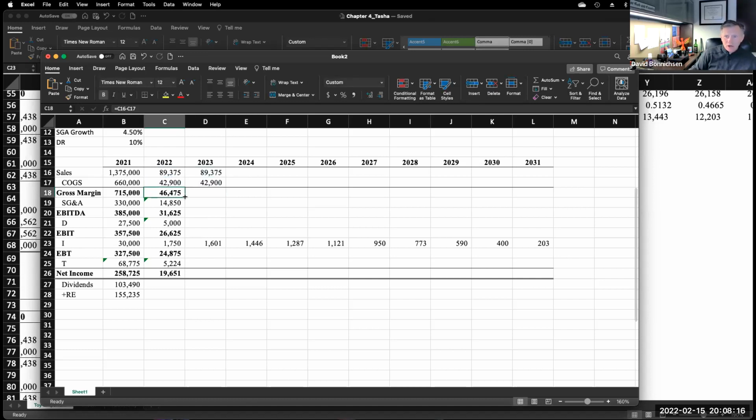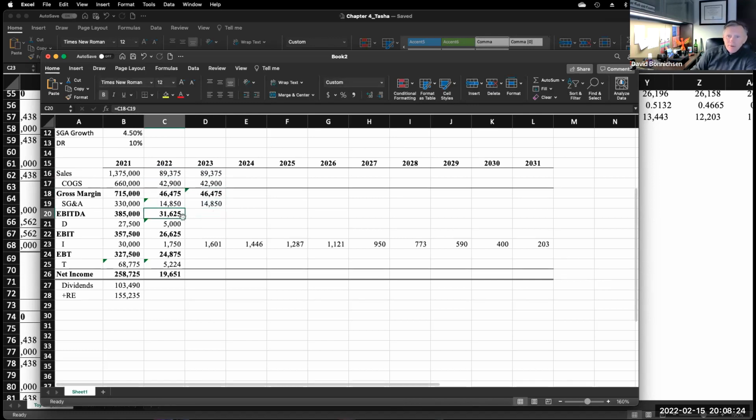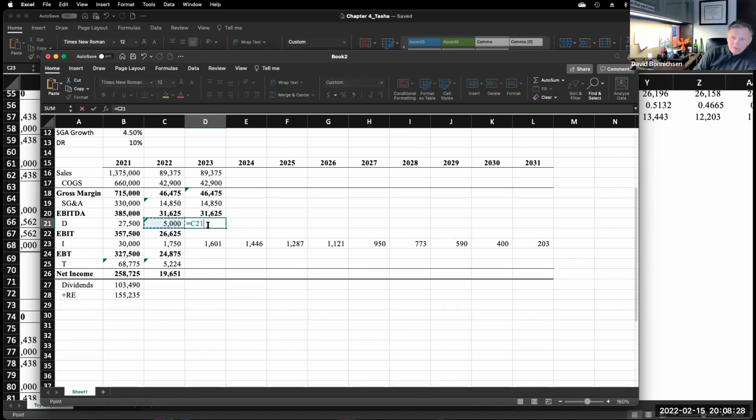Gross margin, I encourage you, don't do equals the prior year, copy the formula, okay? SG&A, same thing as the year before. EBITDA, same formula, okay? Depreciation, same as the year before. EBIT, same formula, okay? See where I'm going with this? EBT, same formula. Taxes, same formula. Net income, same formula.